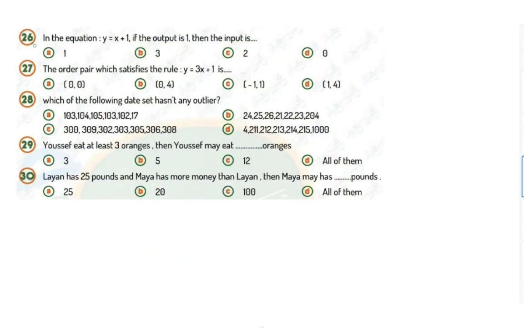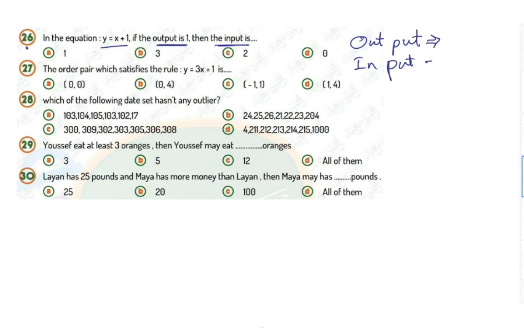Let's continue. Now we reach question 26. In the equation y equals x plus 1, if the output is 1, then the input is what? What's the output and what's the input? Note with me: output and input.